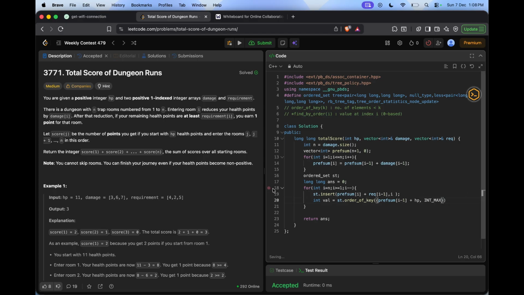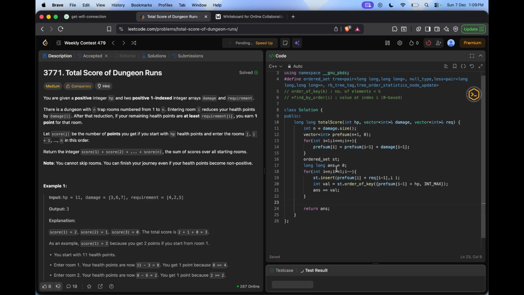Because we want all the values that are smaller than or equal to this term, so they must be smaller than int max as well. So it gives us all the values that are smaller than or equal to this term. Then answer plus equals val, and at the end return answer. Okay, we must make it a pair.